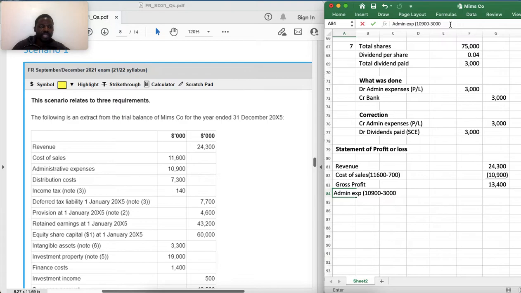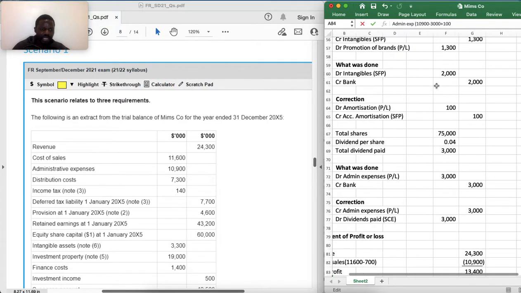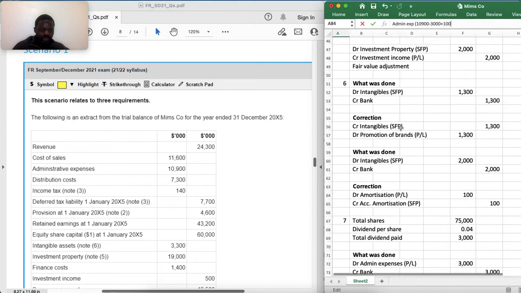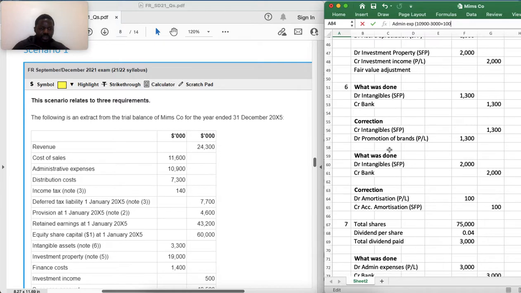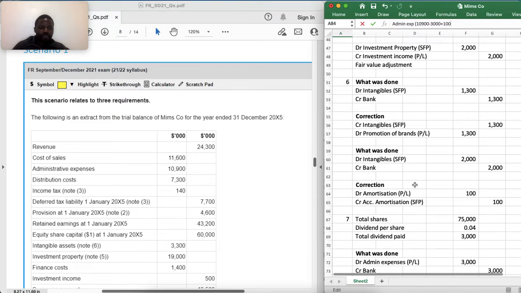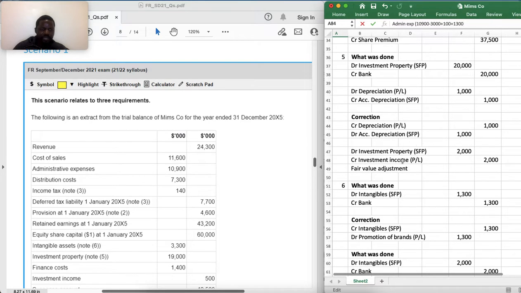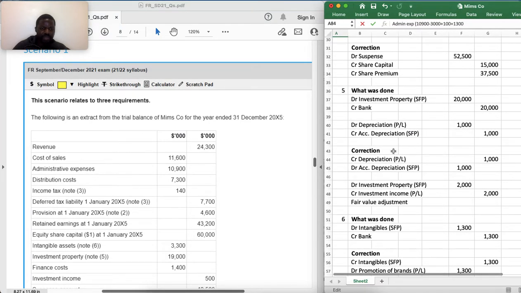So add 100 here again for amortization. Let's go up. We said to debit the 1,300 for promotion of brands. So let's debit 1,300 in admin expenses. Investment income doesn't go to admin expenses.